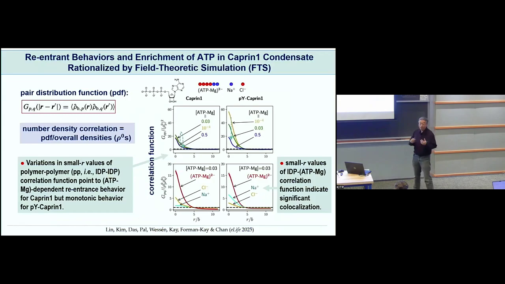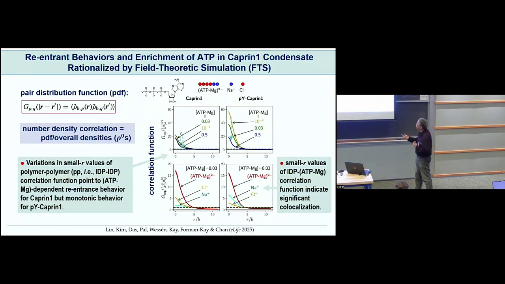Okay, one thing that we are particularly interested in calculating in the field-theoretic simulation is the pair correlation function of two polymer beads, or a polymer bead with some chemical species. From the plot of this, you can see the trend of this re-entrant phase behavior for Kaplan-1, as ATP goes from 10 to the minus 4 to 0.03 to 0.5.